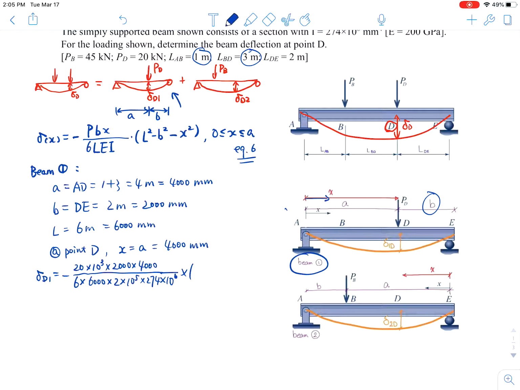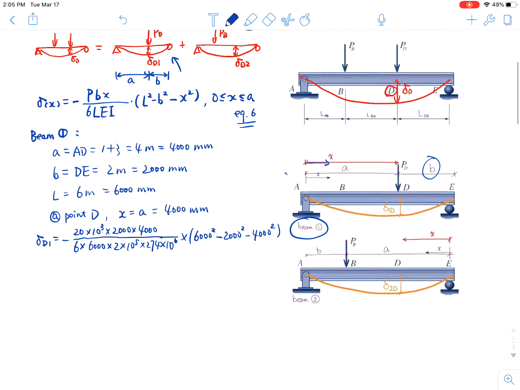Then by L square, 6,000 square, minus B square, 2,000 square, minus X square, 4,000 square. The result of this equation will be negative 1.3 millimeter.